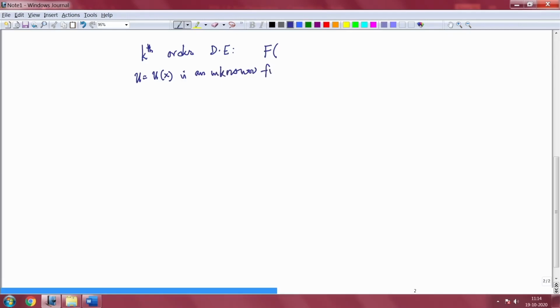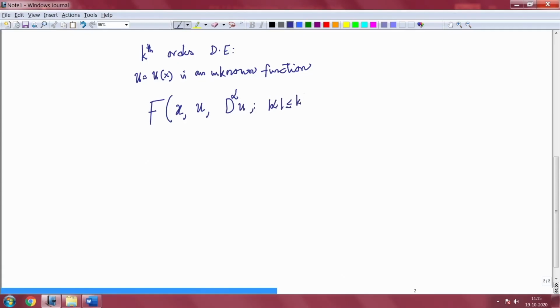You have the derivatives of order alpha, and that order goes up to mod alpha less than or equal to k.